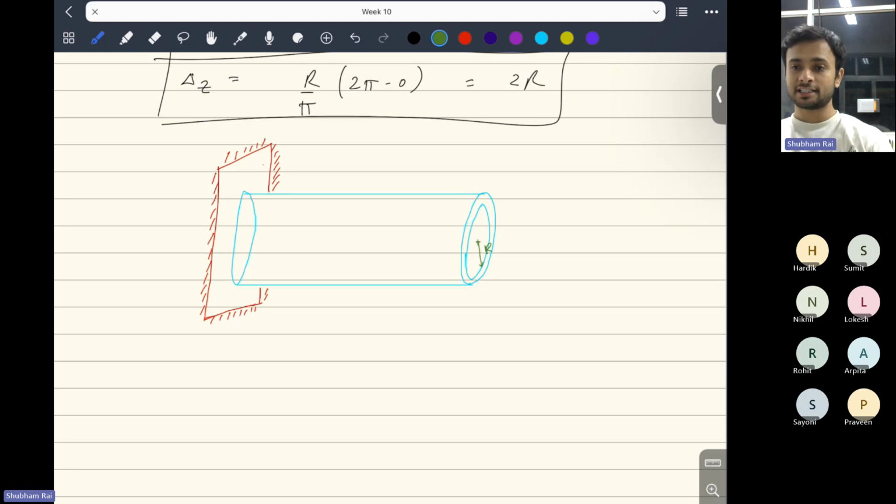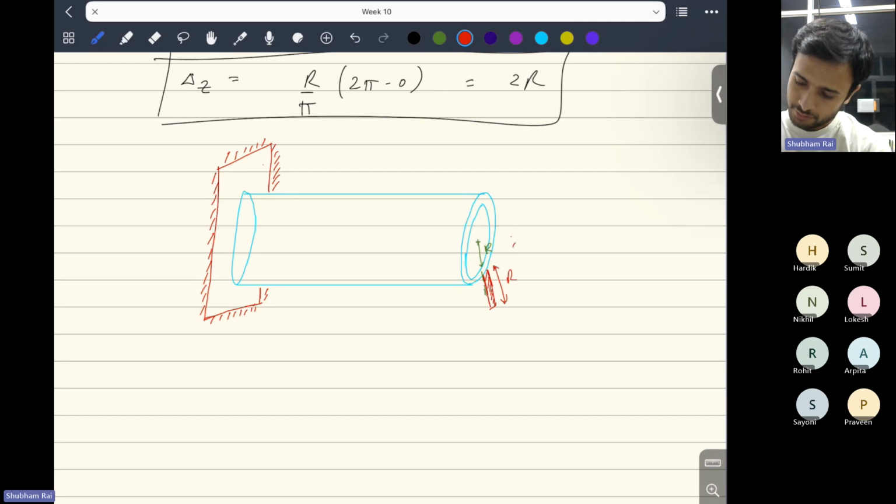And we know that the shear center is at a distance of 2r. Okay. So if we go ahead at a distance of 2r, let's say we build some structure so that it is at a distance of 2r. This is again r.